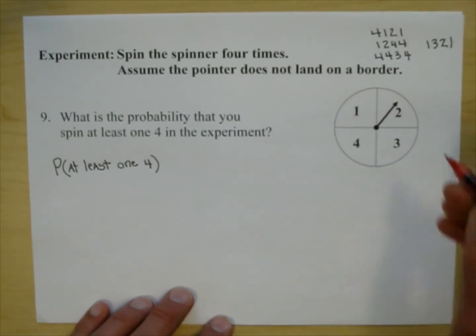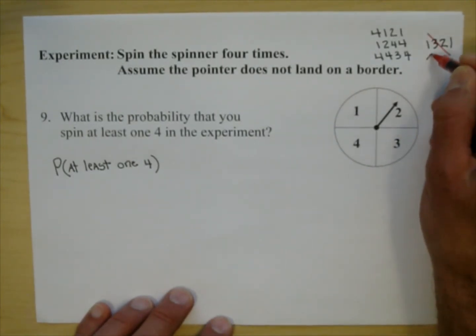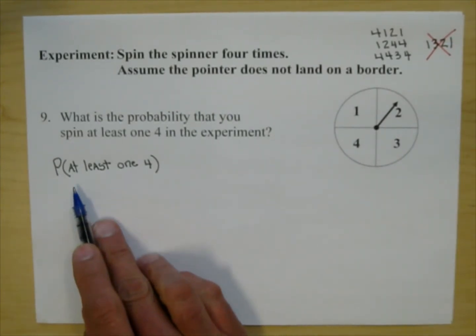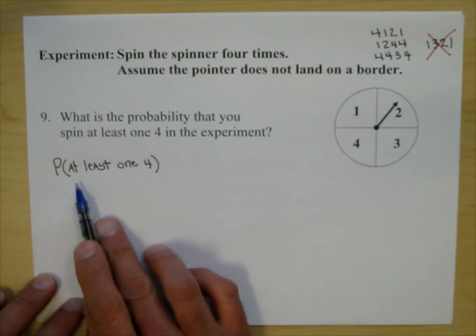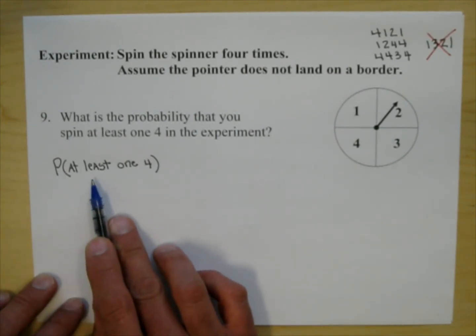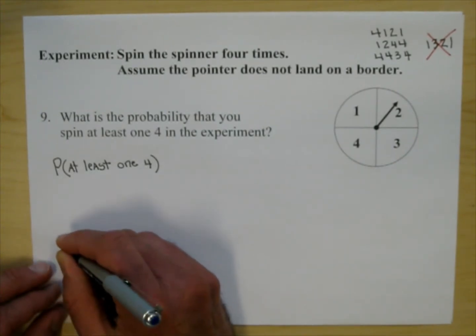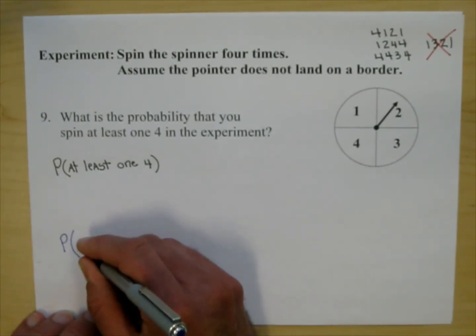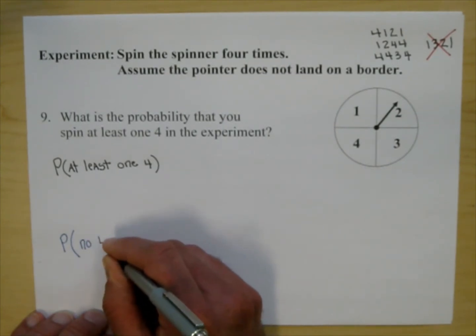So this 1 3 2 1 is something that we would not want. This right here is a very tough problem. So I'm going to go ahead and take the negation of at least 1 4. At least 1 4 would be getting no 4s.